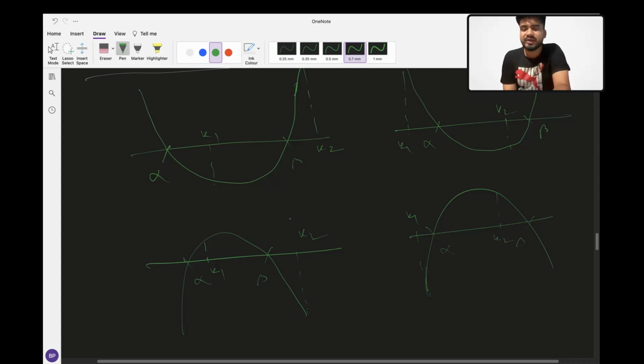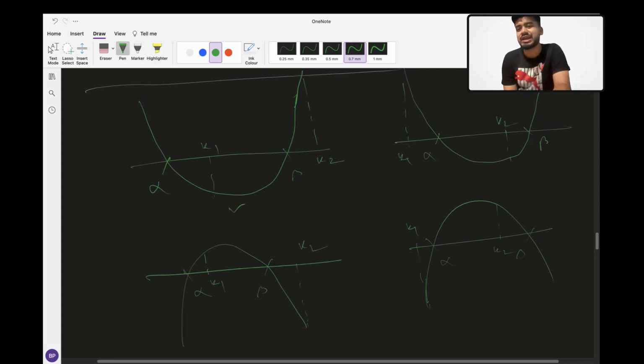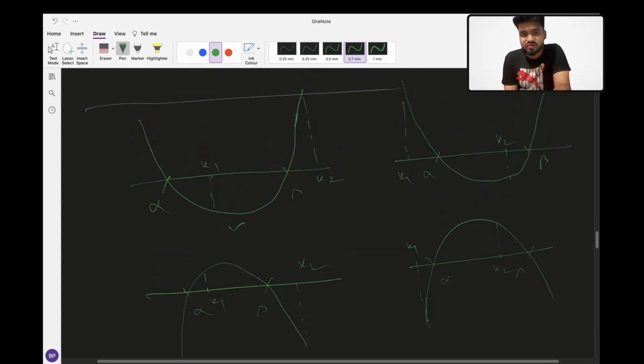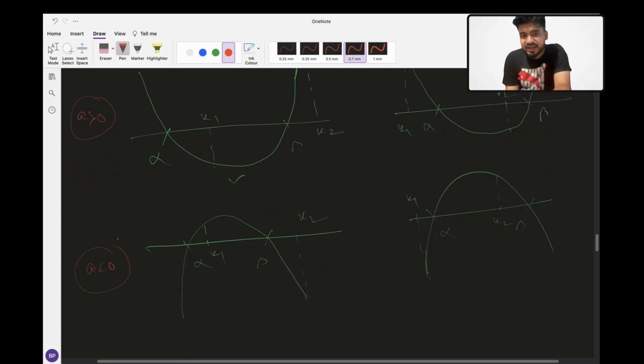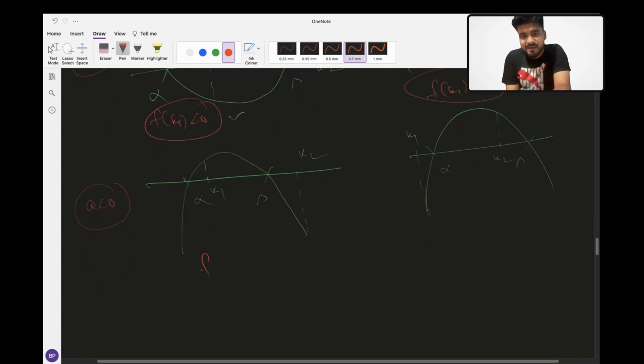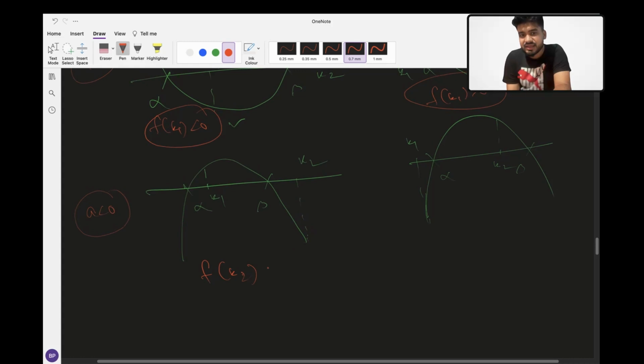Yes or no? So here we cannot really comment about f of k1, because in this case when a is positive, f of k1 is also positive. But here, when a is negative, f of k1 is less than 0. Here f of k1 is greater than 0. But in this case f of k2 is less than 0, and in that case f of k2 is greater than 0.